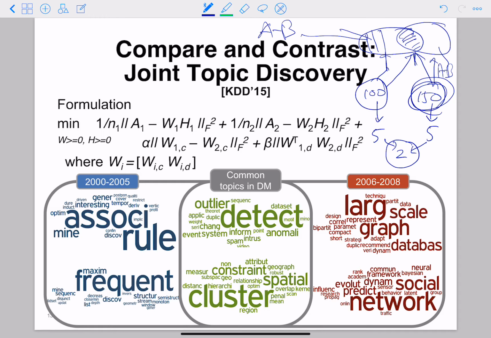I want those clusters to be really exclusive in terms of their meaning: one set of clusters exclusive to the first data set, and another set exclusive to the second.